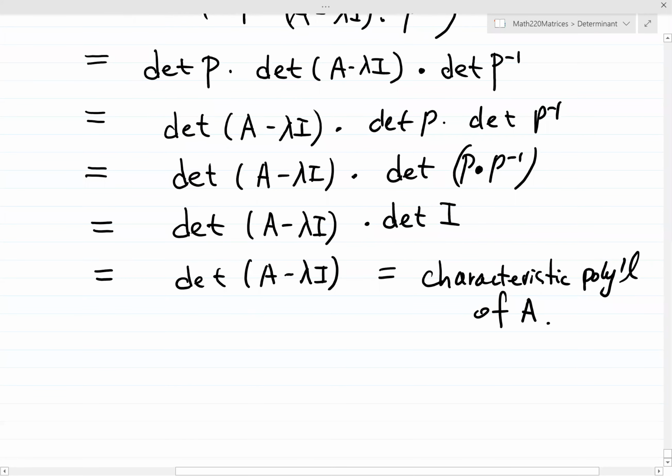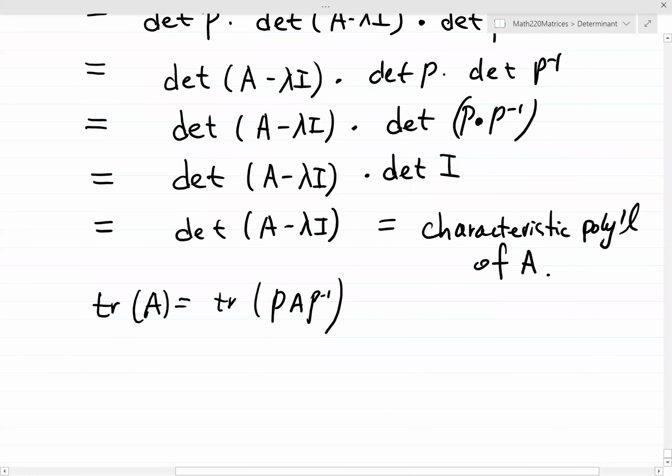The trace is determined by the characteristic polynomial. So we get that the trace of A equals the trace of P A P inverse. And we can also, of course, prove it by property 1, the commutative property.